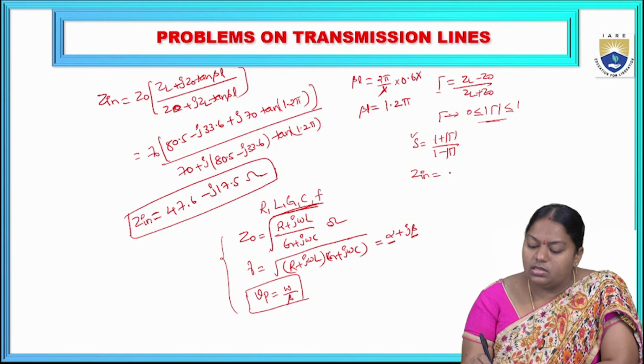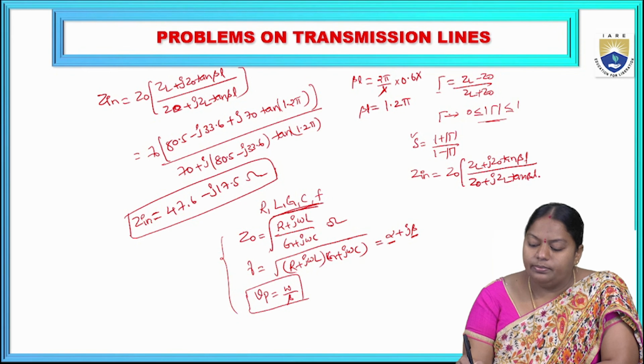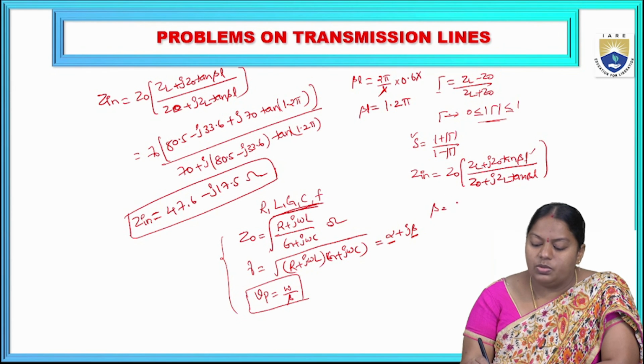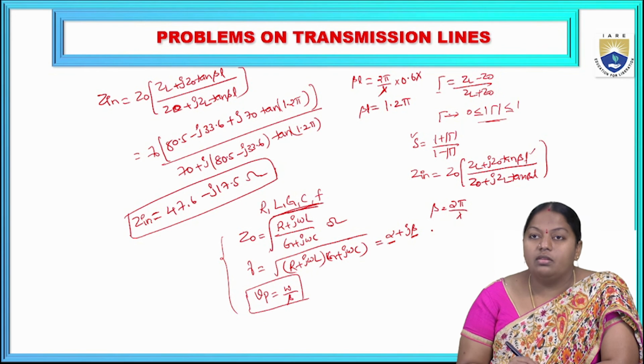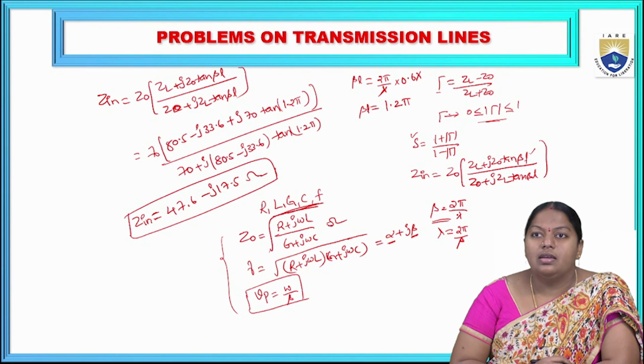That is given by Zin is equal to Z0 into ZL plus jZ0 tan beta L by Z0 plus jZL tan beta L. To find this, beta and L values are directly given, and in order to find this beta, we can sometimes use beta equal to 2 pi by lambda if the wavelength is defined, or sometimes lambda, that is the wavelength of the transmission line, is lambda equal to 2 pi by beta. From this we'll evaluate beta as 2 pi by lambda.